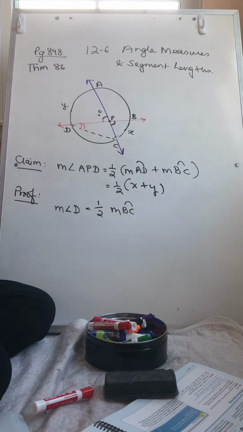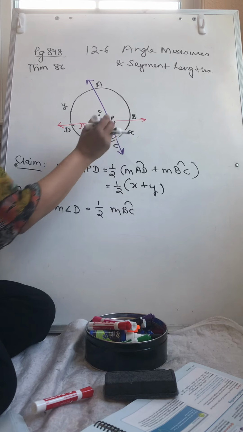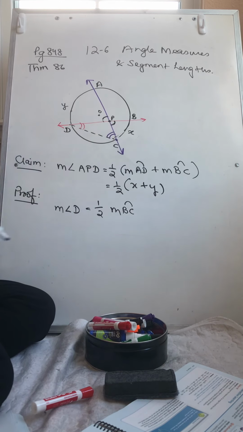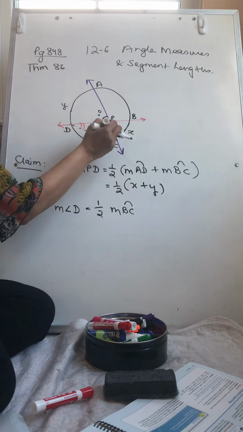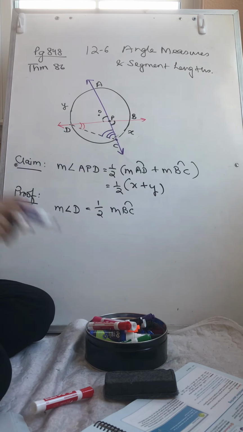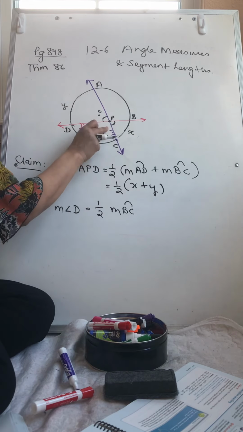This angle is again an inscribed angle because its vertex lies on the circle. So this is the arc. It should not be equal, right? I don't know whether they are equal, so it should be something else. Okay, let me give it a new symbol.